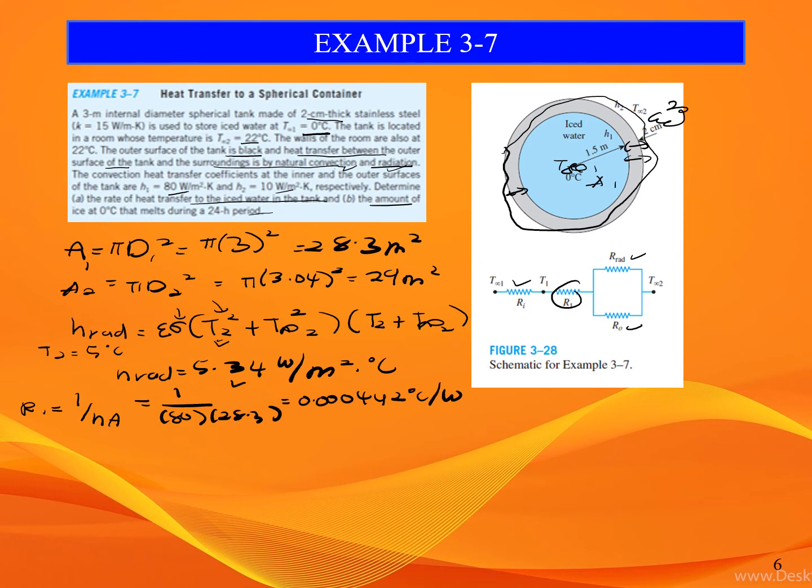Okay, for R1, so R1 is a sphere. So the thickness is the difference between R2 minus R1.